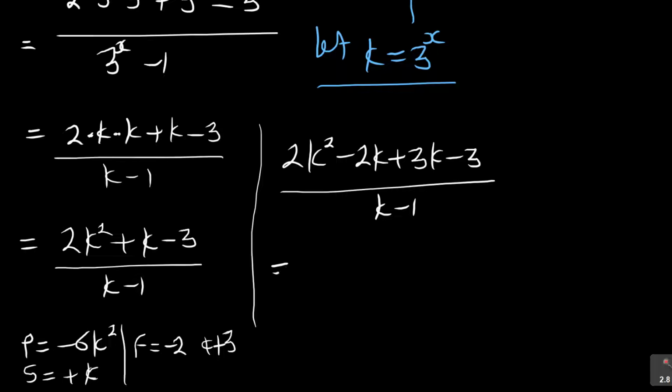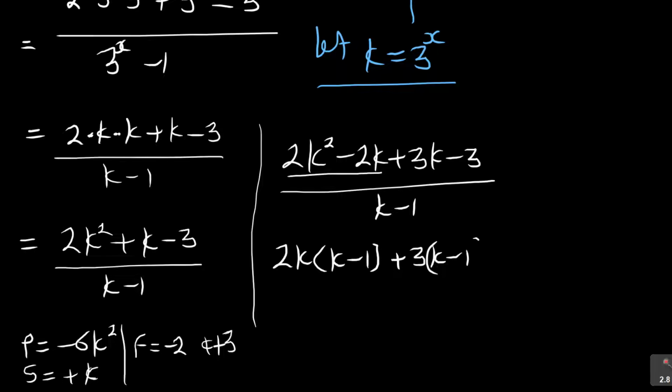As I said, you need to know how to factorize that. So you've got 2k squared, and this is where you need to factorize now. The first 2k is common, and then it's k minus 1 plus 3 common.